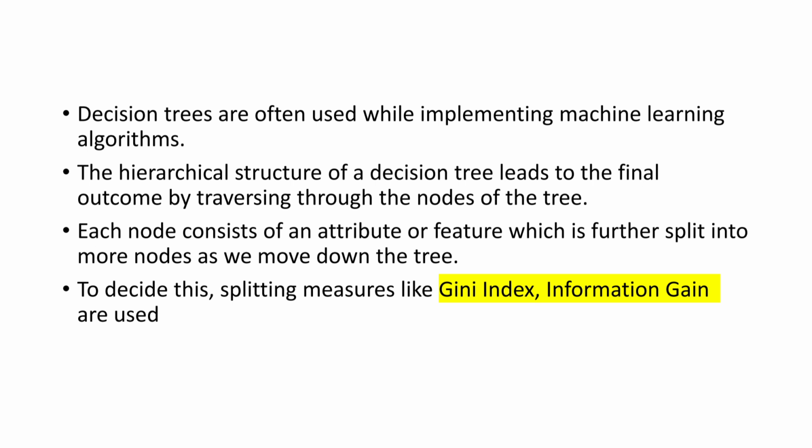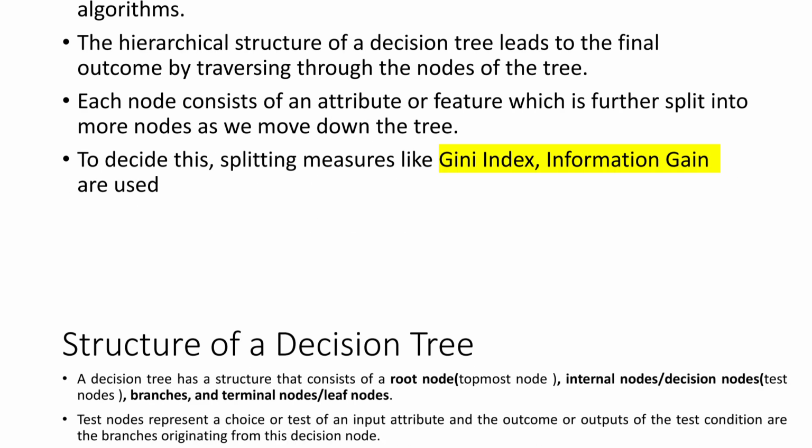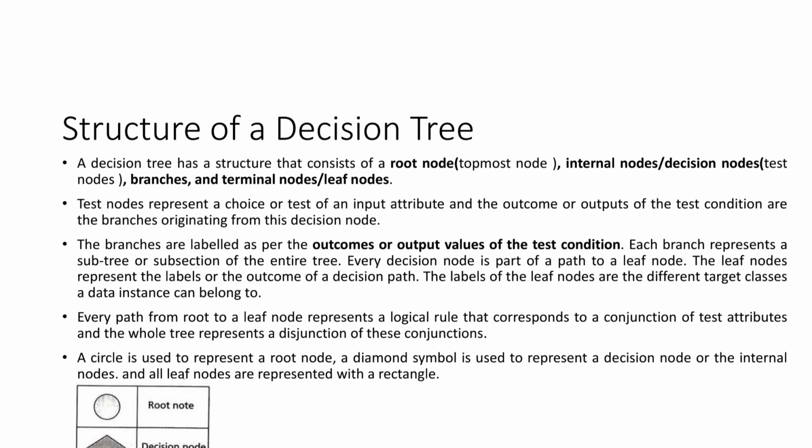So there are concepts that help us to measure which is the root or to split the tree. These are Gini index and information gain. For both of those, the entropy calculation is also required. The entropy measures the impurity, which is used in almost all fields.